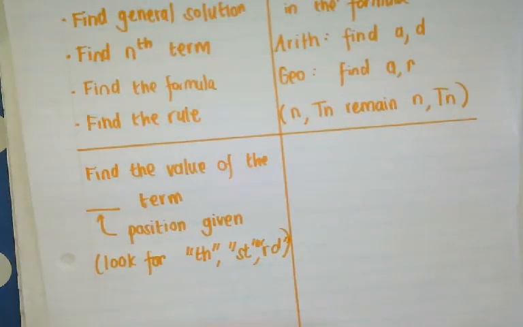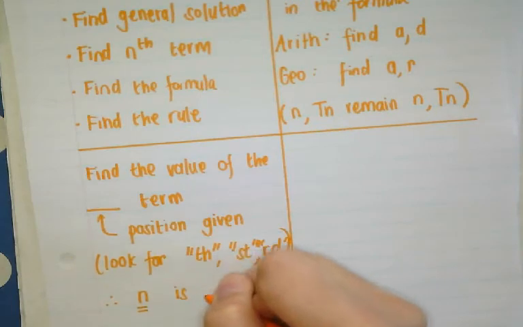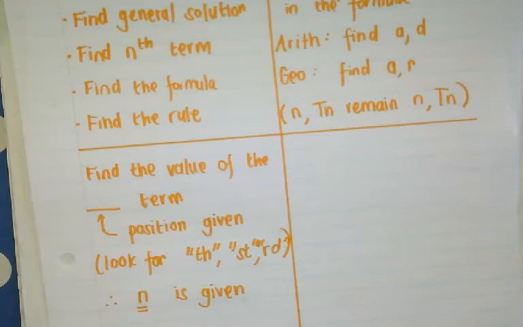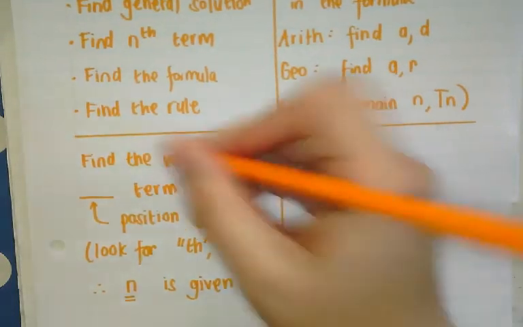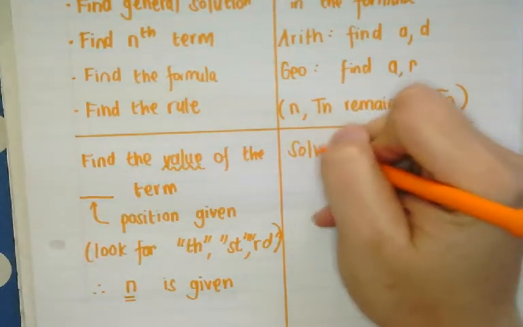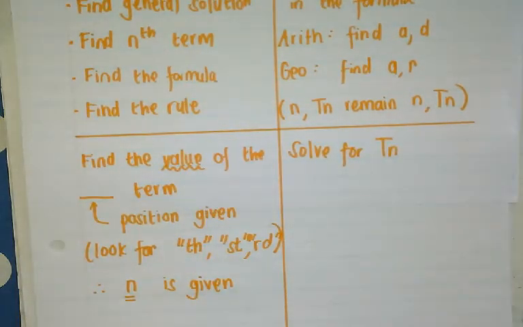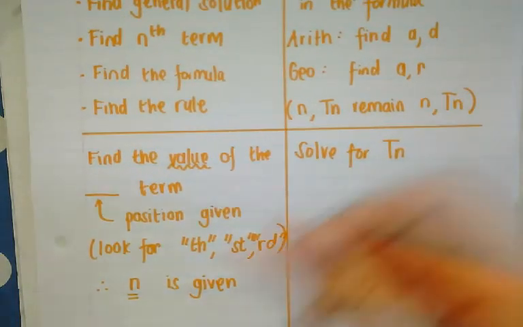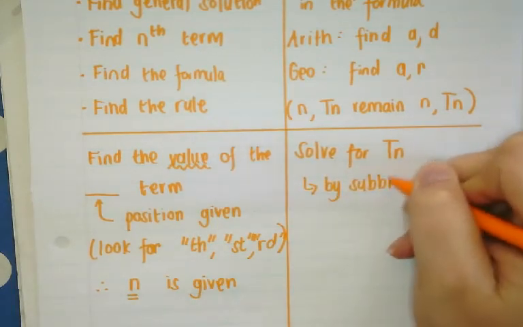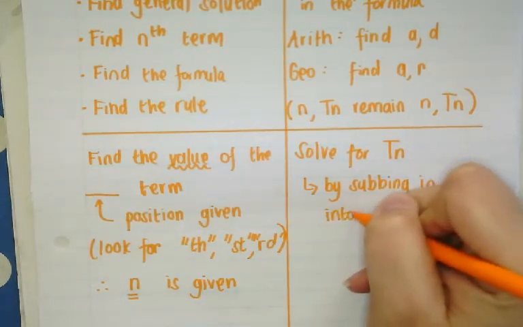So in other words, they are giving me the n. Since they give me the n and they are asking for the value of Tn, I need to solve for that value. So I'm solving for Tn. How do I do that? By subbing n into my formula.